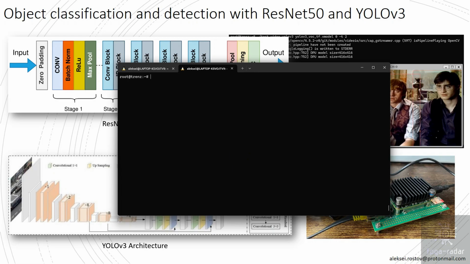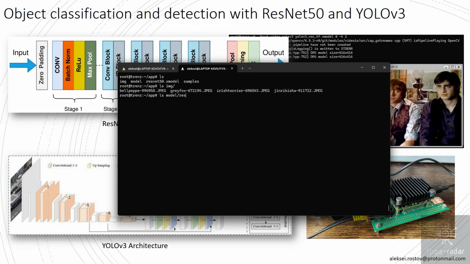What we will need is to go to the application folder. Here we have the images folder with images that can be used for the ResNet 50 example. It's a model already compiled for our DPU, and the binary file itself is, I guess, in model binary.